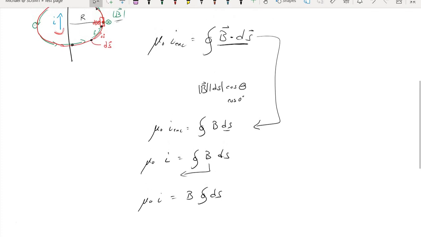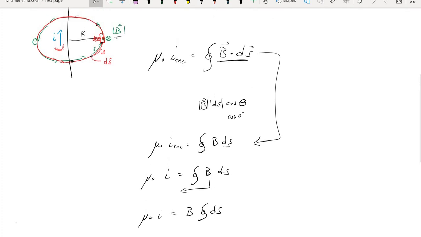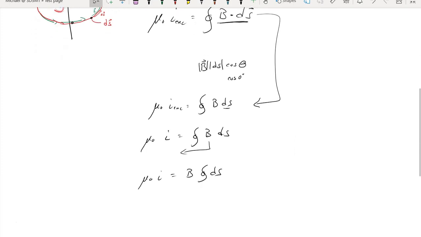The only thing left that we have to integrate is the Amperian loop, or the distance around that circle. We already have a radius of big R, and so the distance around this closed loop is just 2 pi r.